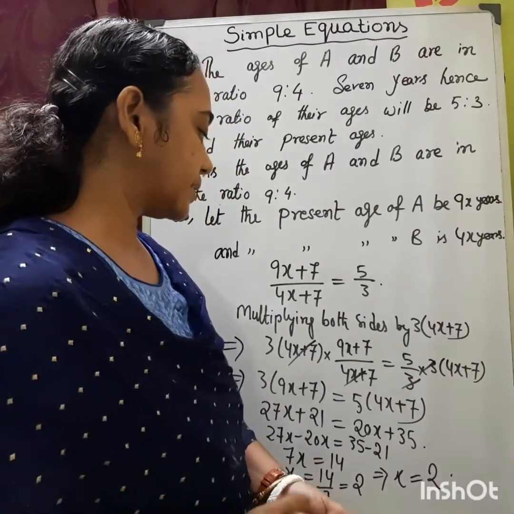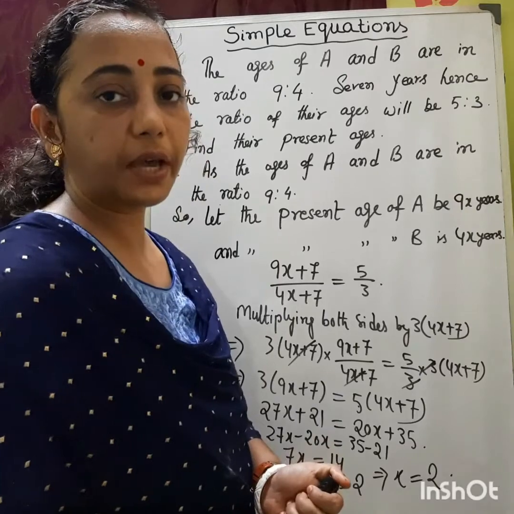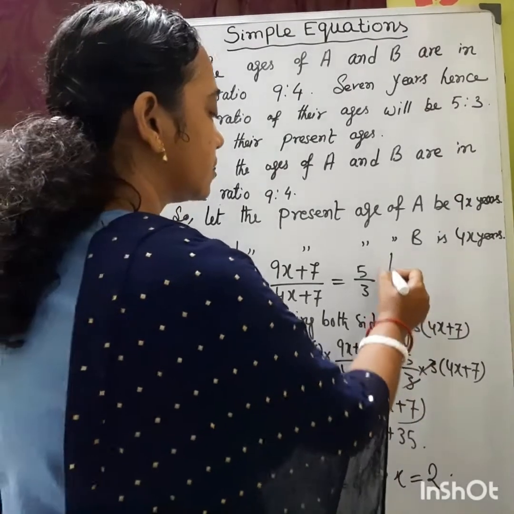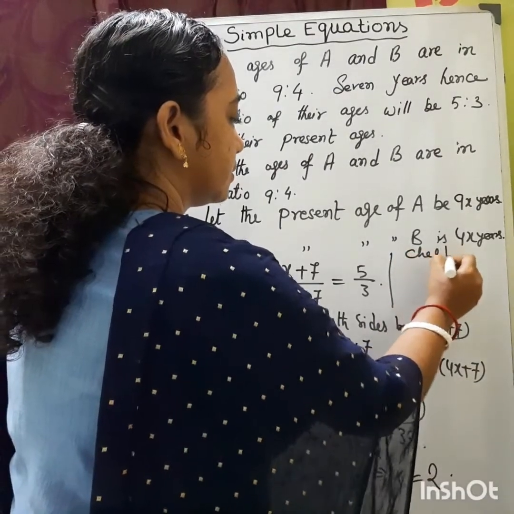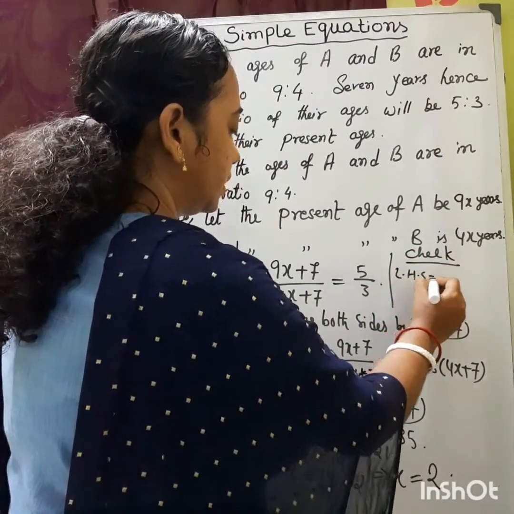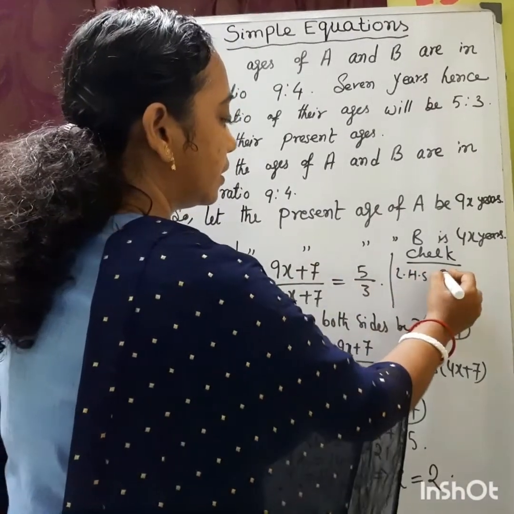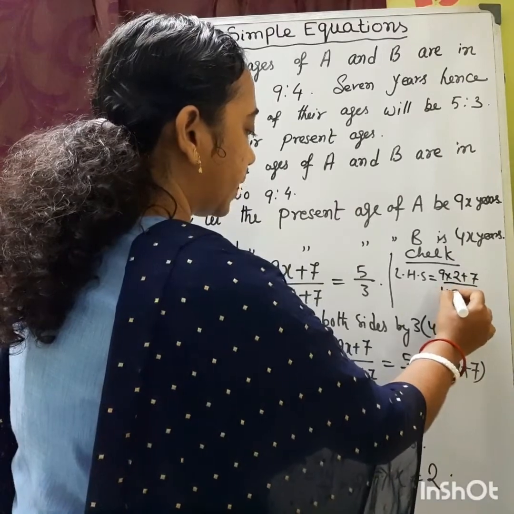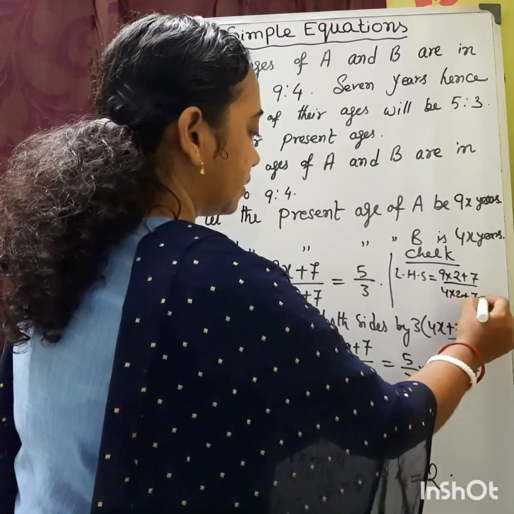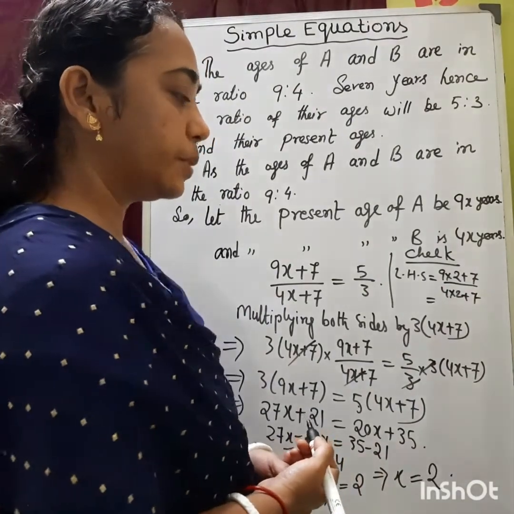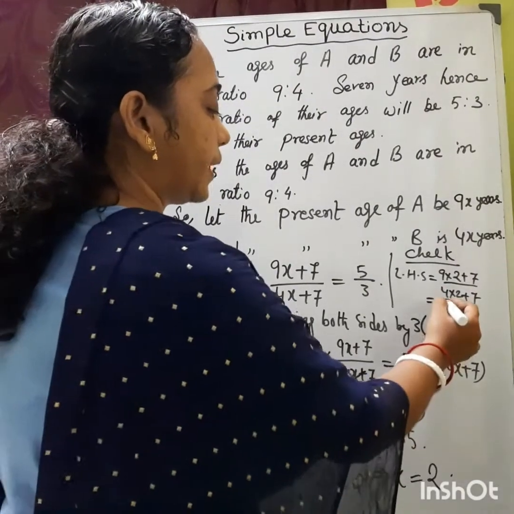So let us check this result, whether this 2 satisfies both sides or not. If we put x equal to 2 on the left hand side, then this becomes (9 multiplied by 2 plus 7) by (4 multiplied by 2 plus 7). So 9 2s are 18, and 18 plus 7 becomes 25.